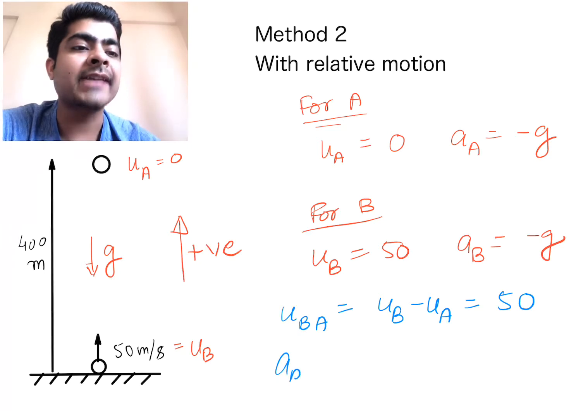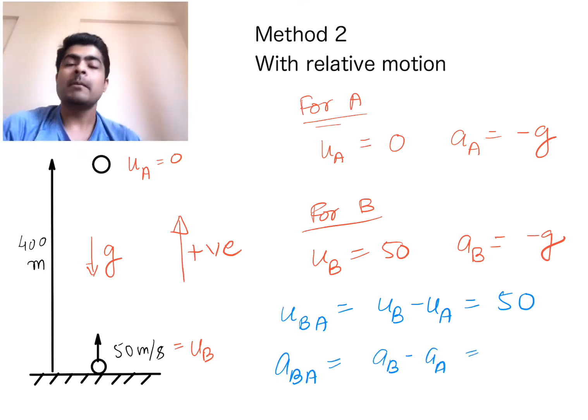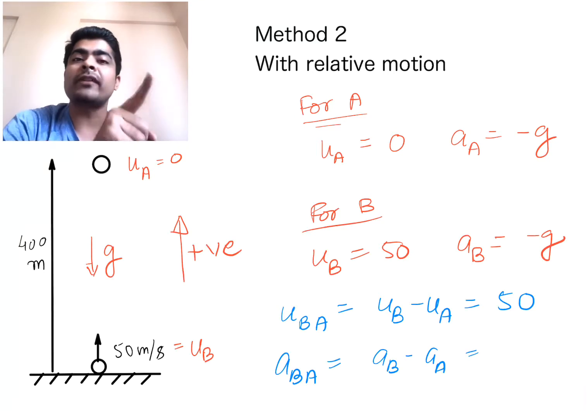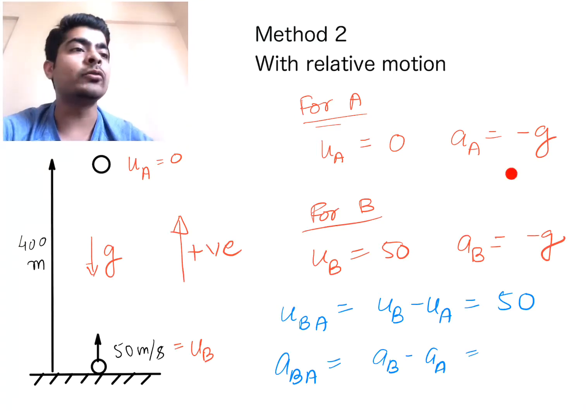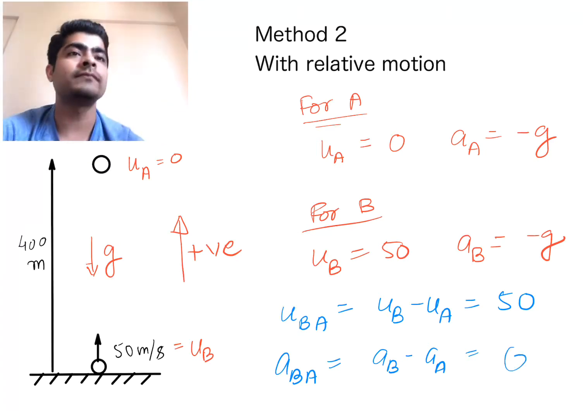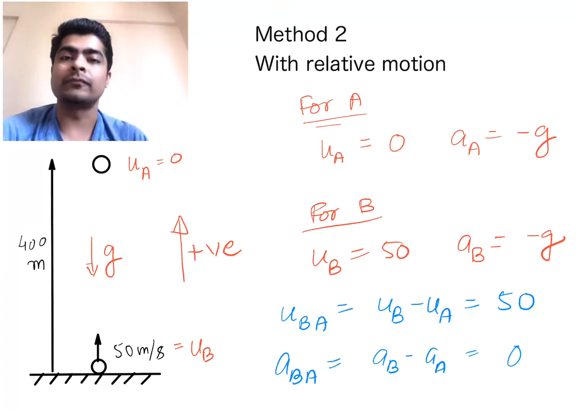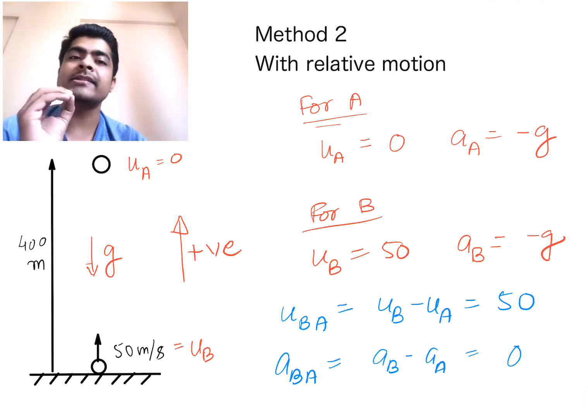Acceleration of B with respect to A is aB minus aA. But the accelerations of B and A are both equal to minus g. So the relative acceleration is 0.